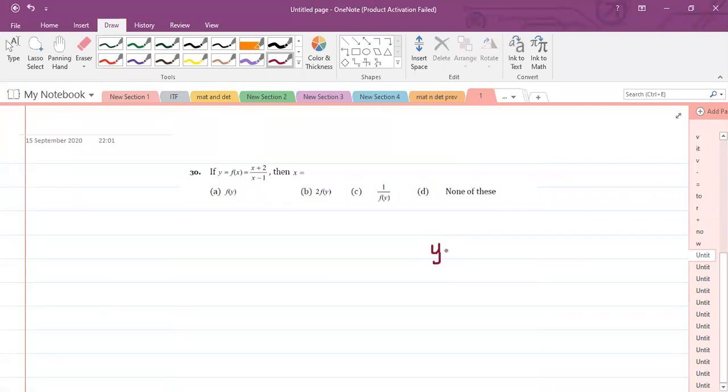If y is equal to f of x, then x is equal to f inverse of y. They have asked for the value of x, so here y is equal to x plus 2 divided by x minus 1, and you need to find x.